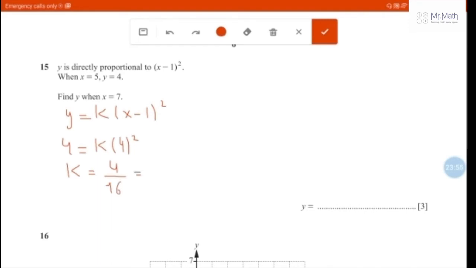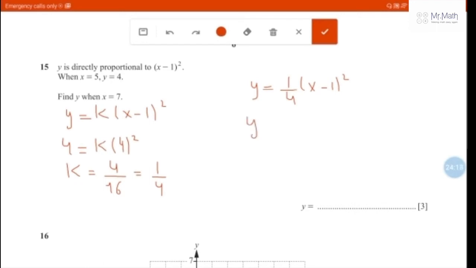So the final answer is 1 over 4. So now I will rewrite my equation as y equals 1 over 4 times x minus 1 squared. I have to find y when x is 7, so simply I will substitute x equals 7 into the equation.